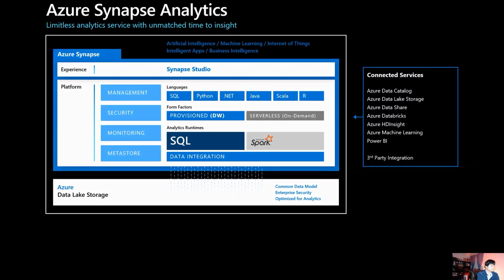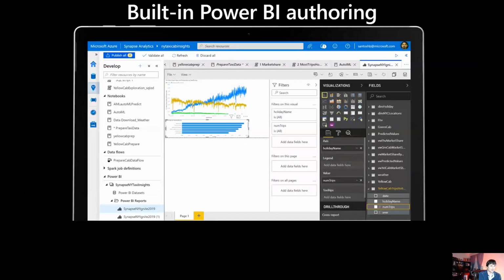So for example, if we look at Power BI, this is actually a screenshot of Synapse Studio. And in Synapse Studio, I can go ahead and not only build my data warehouse, build my pipelines, or use Spark notebooks, I can also go in the same screen, build Power BI reports in here as well.